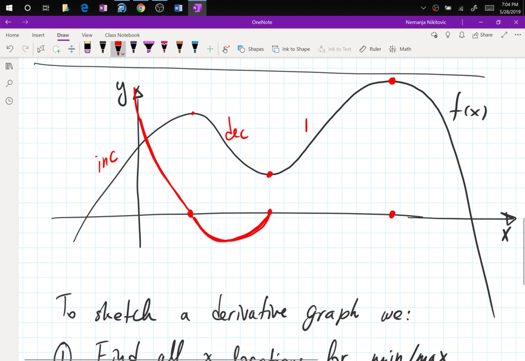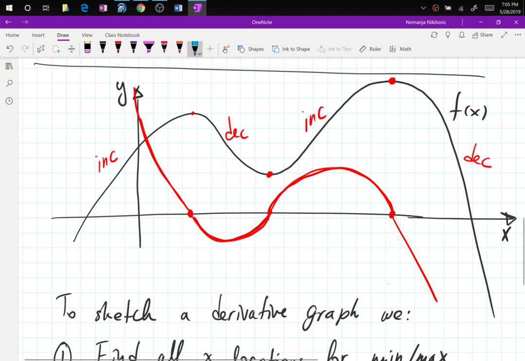For this increasing part, the derivative has to be above the x-axis, and then I have another decrease coming up. So a bump up, and the function going down afterwards.